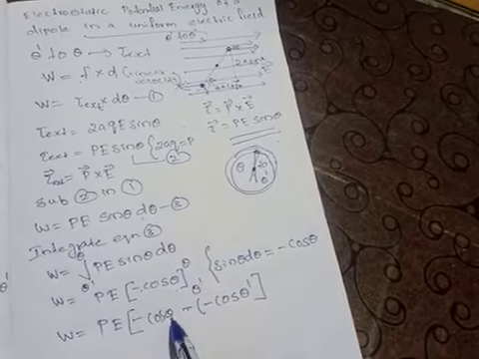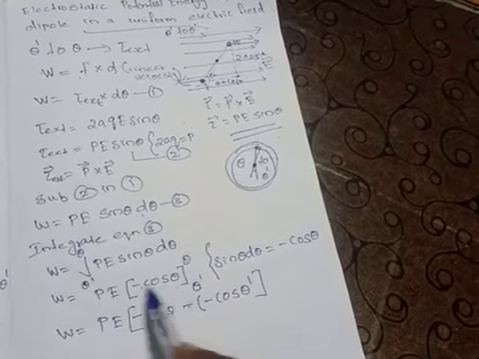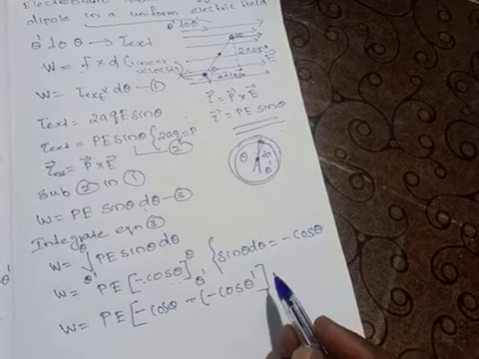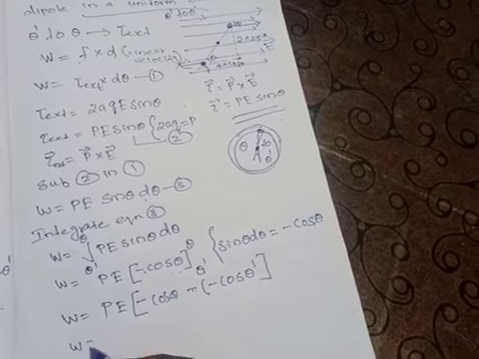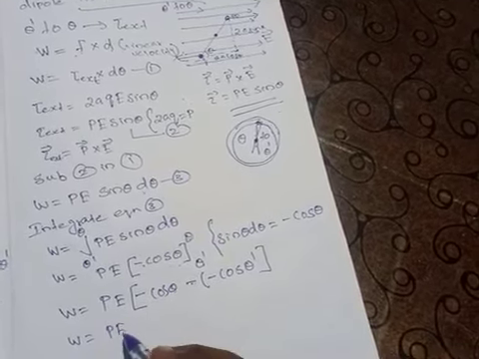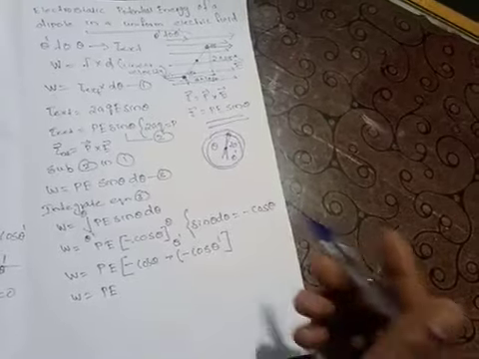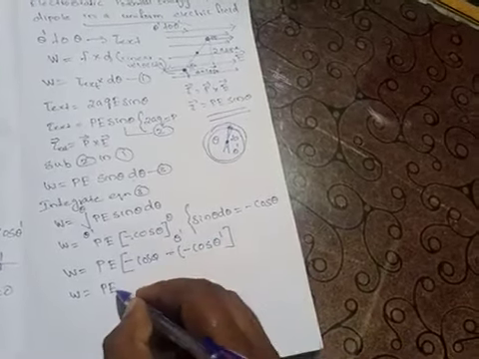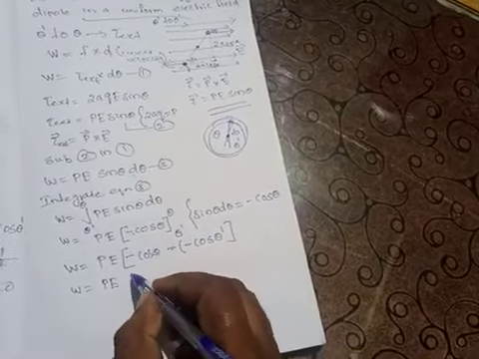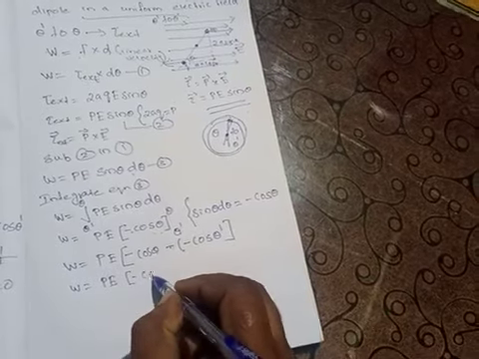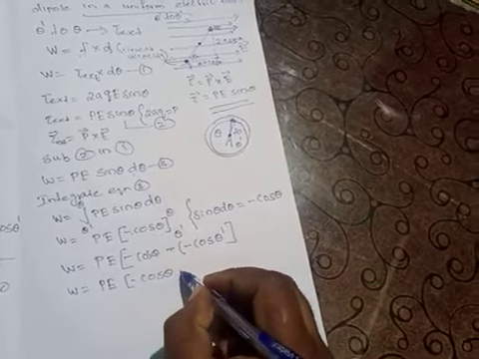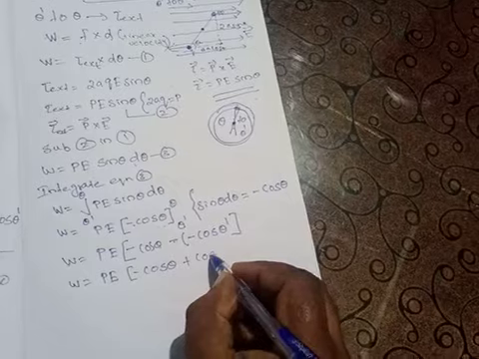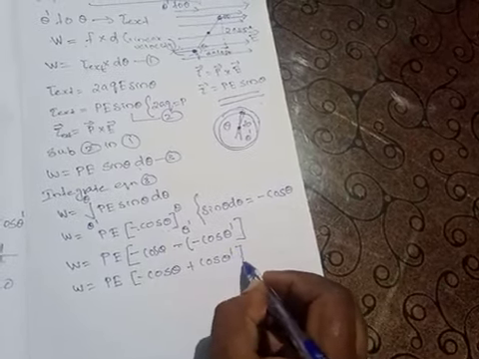So minus cos theta minus, then minus cos theta dash. So W is equal to P, then minus cos theta, minus into minus, plus cos theta dash.